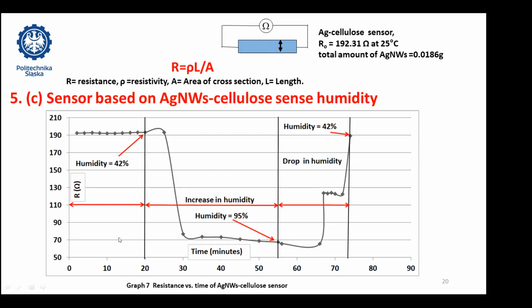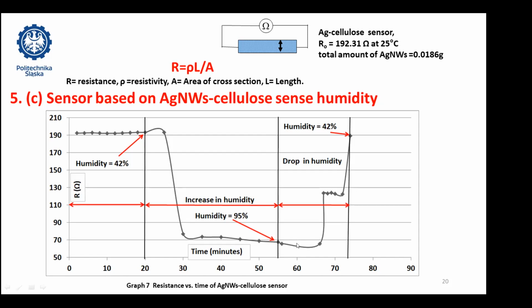And this is also evident from this horizontal line. The humidity level is 95%, and this is the point which says that this is the maximum extent to which my sensor has swollen. Further, my sensor will not swell, and after that, we decided to remove the humidity.